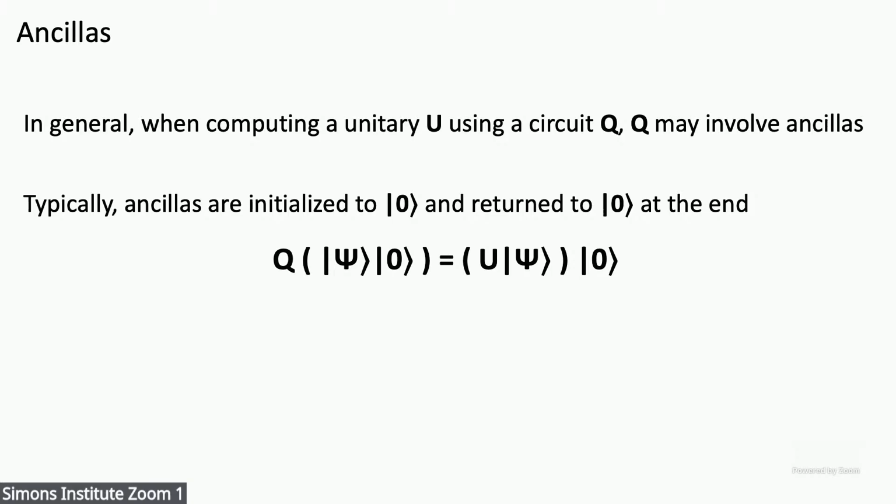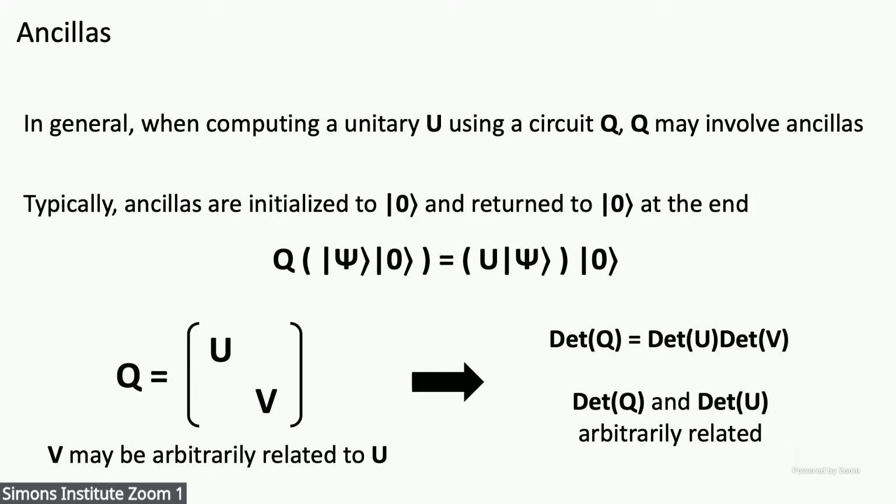So typically our quantum circuits actually look like this. We have this unitary we're trying to evaluate on our state psi, but our circuit actually has a 0, and it returns to 0. Okay, and if we were to write this unitary as a matrix, the unitary implemented by our circuit would look like this. These things here are 0, and that corresponds to the fact that I'm starting from 0 and returning to 0.